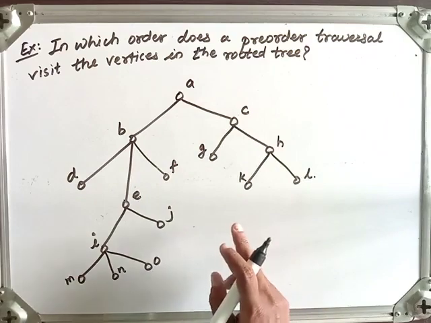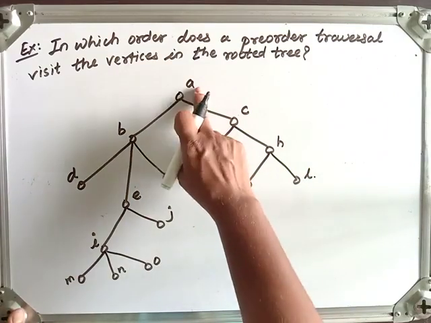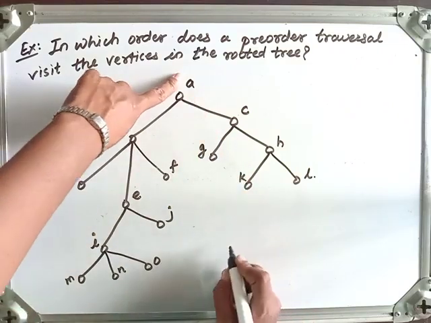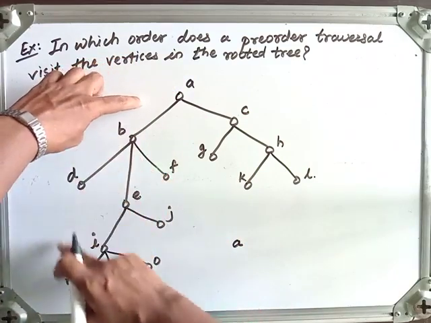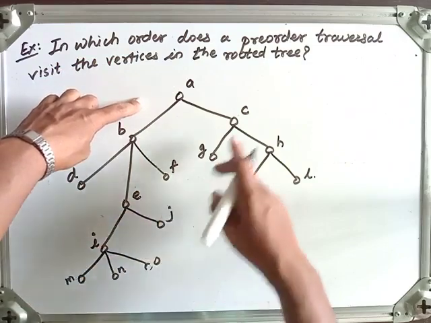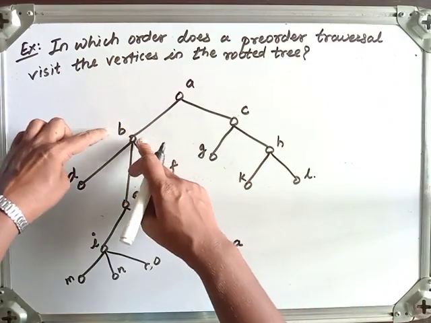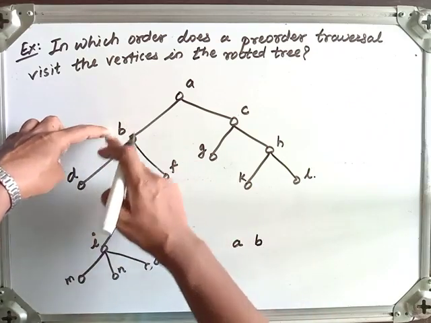Now if you feel it will be difficult, don't worry. First of all you will visit A. Let's discuss the final answer. First of all we will visit A, right? Then this whole subtree we will visit. In this subtree again we will take B first. B will be taken.